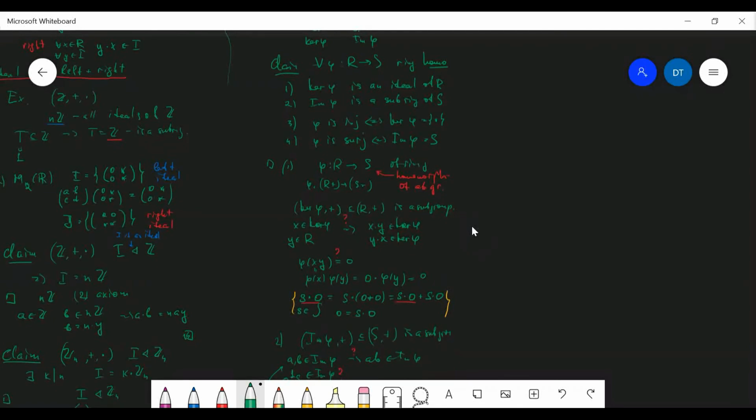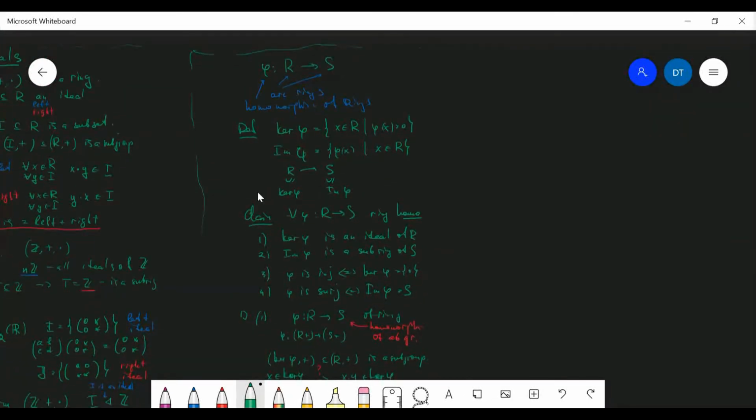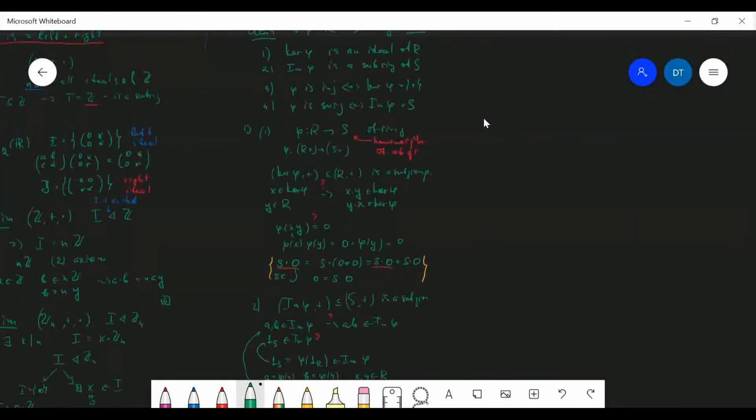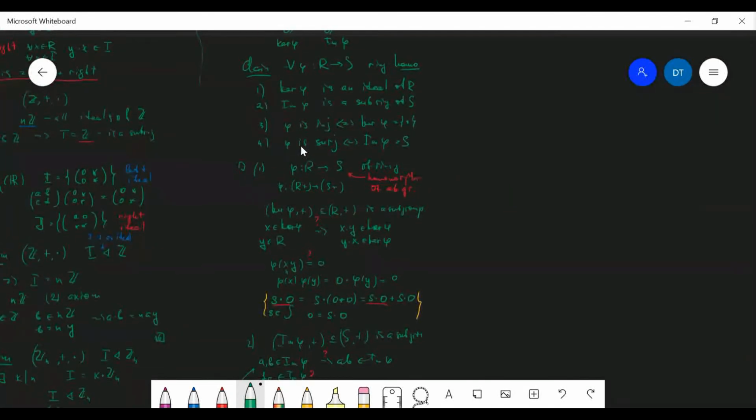So I wanted to ask about the moment where we have R implies S, and the kernel of phi is a subset of R and the image of phi is a subset of S. You mean the proof of this claim? Not really, it's before the claim.